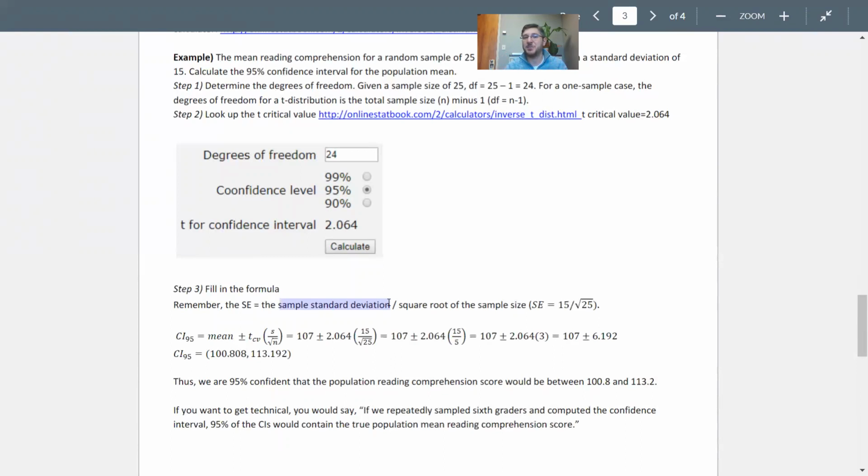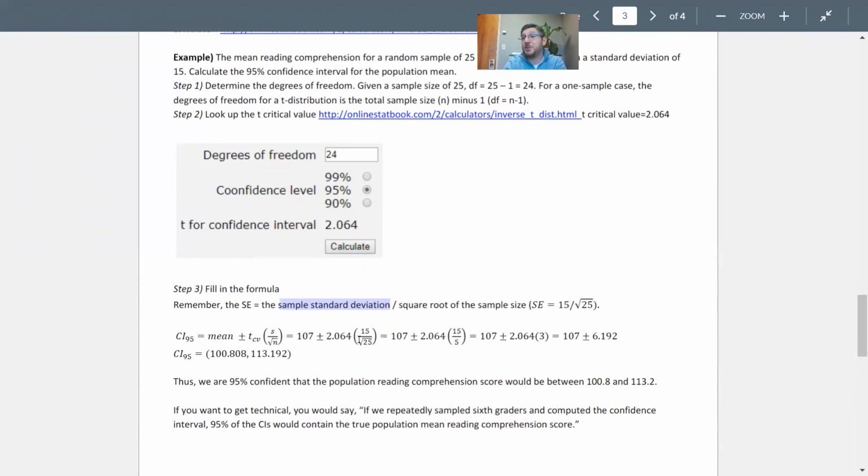If we knew the population standard deviation, we could use the normal distribution. But we typically don't know that, so we estimate the population standard deviation with the sample standard deviation in order to calculate the standard error. That's why we use the t-value and the t-distribution to calculate the confidence interval.